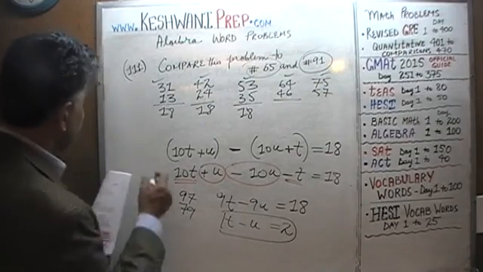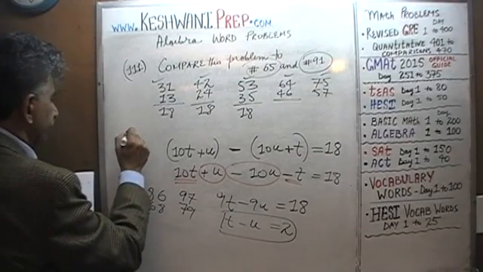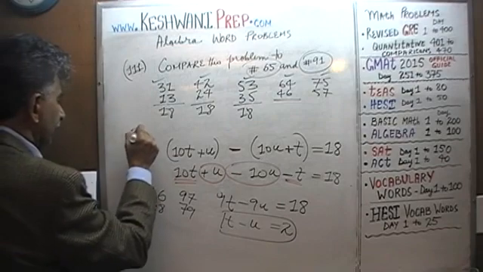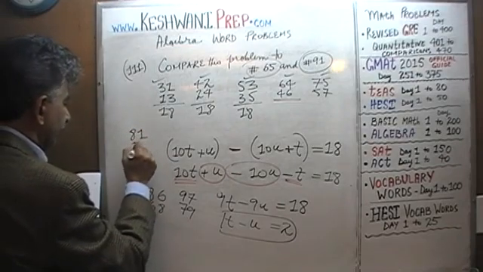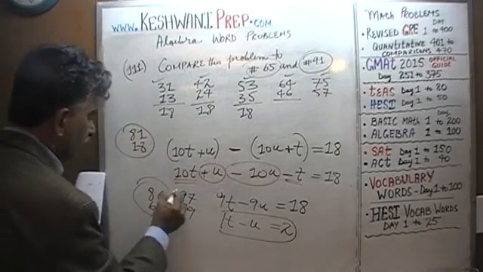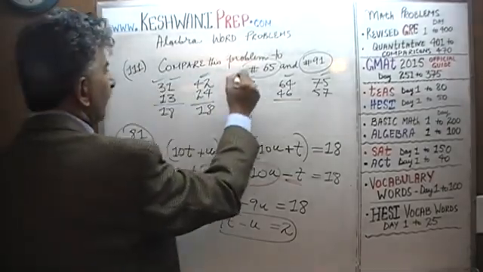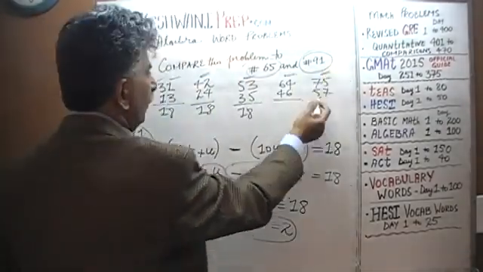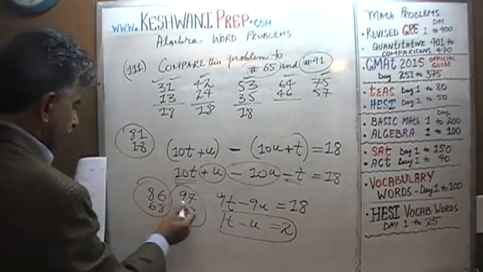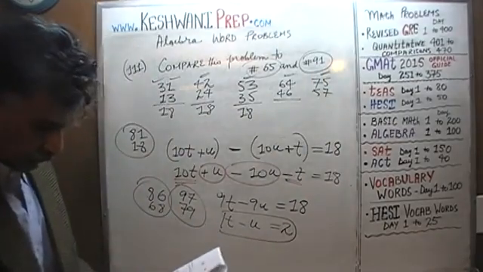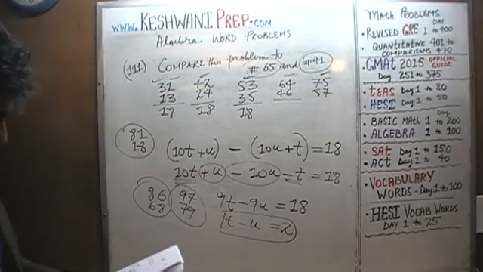Now we have to do 8. Let's do here 8. So we can have 81 and 18.